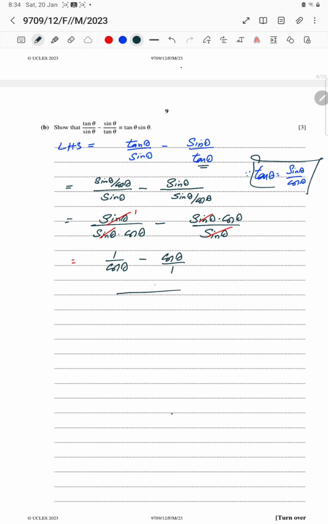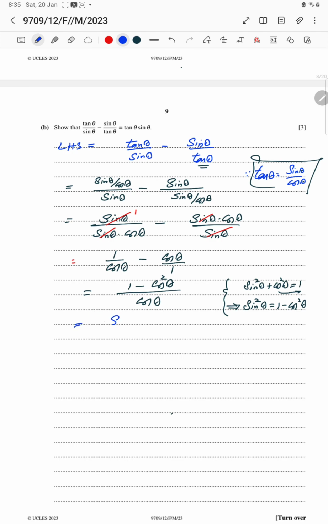Taking LCM, cos theta becomes the LCM, 1 minus cos squared theta. And we know the identity sine square theta plus cos square theta equal to 1. So if you switch the cos square to the other side, sine square theta is equal to 1 minus cos square theta. So here we will apply this identity.